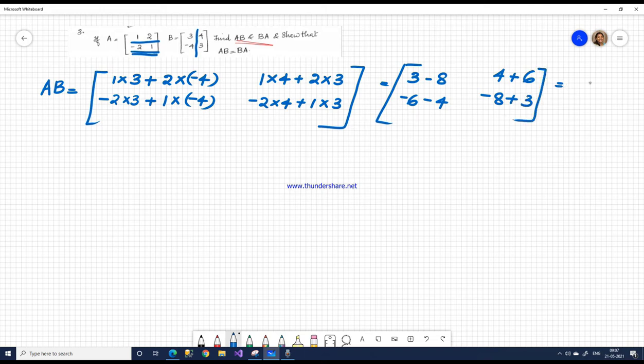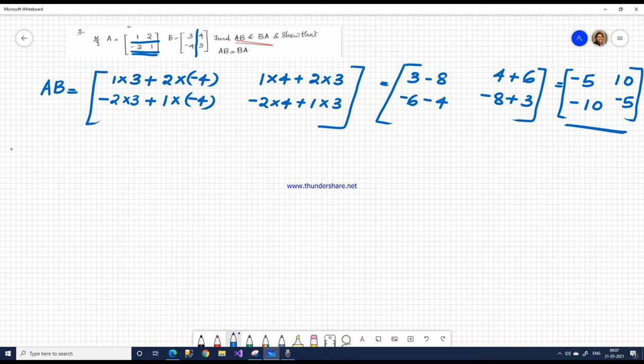So which is equal to minus 5, 10, minus 10, minus 5. So we got the answer minus 5, 10, minus 10, minus 5.